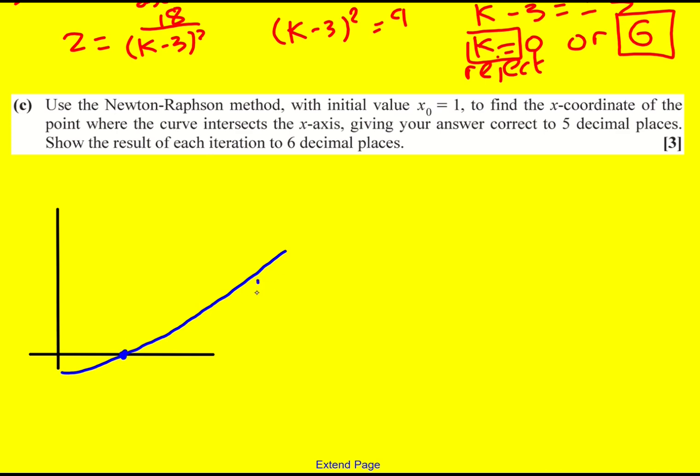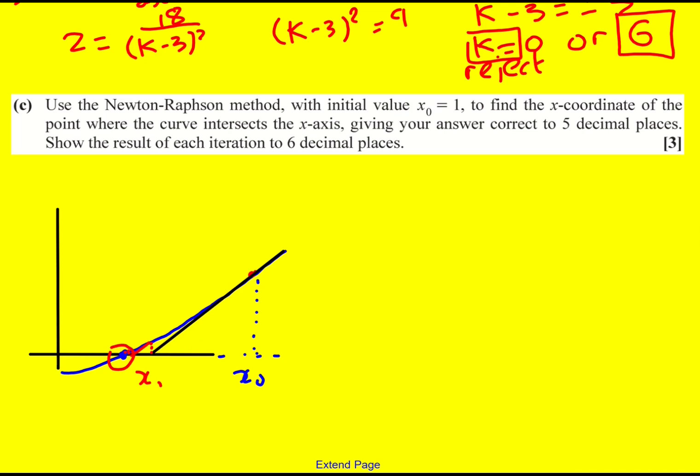Well, what we can do is put in a value x naught as our starting value, and then imagine drawing a tangent to this point. It goes a little bit like this. Actually, it would go below, wouldn't it? Maybe hit here. And then this would be a new value, x1. And then we can do the same again, draw a tangent, and so on. You actually see that if we follow this path along, we're going to converge towards the root.